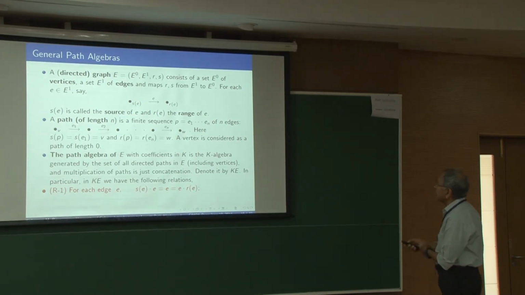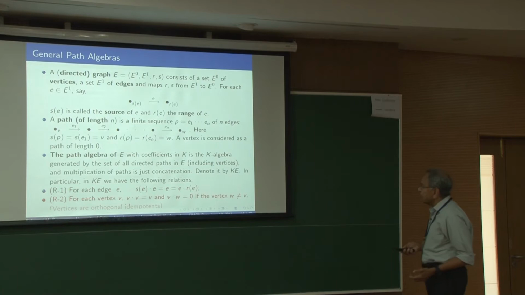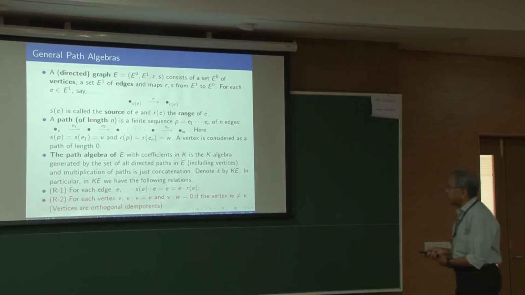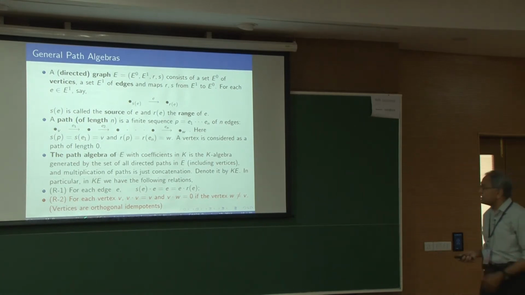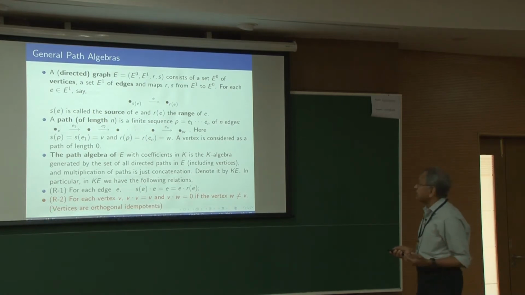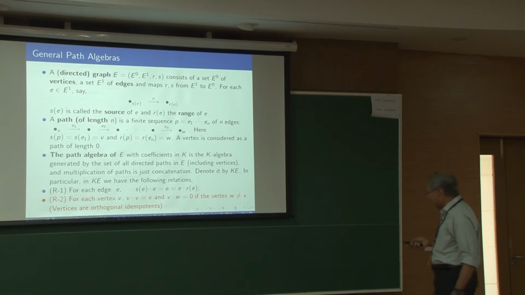Likewise, take e and multiply on the right by the range vertex, you will simply get e. That's the first relation. The second relation is that every vertex is an idempotent: v times v must be equal to v, and v times w is 0 if w is a vertex different from v. In other words, the vertices form a set of orthogonal idempotents. That's an extra condition satisfied by this algebra.